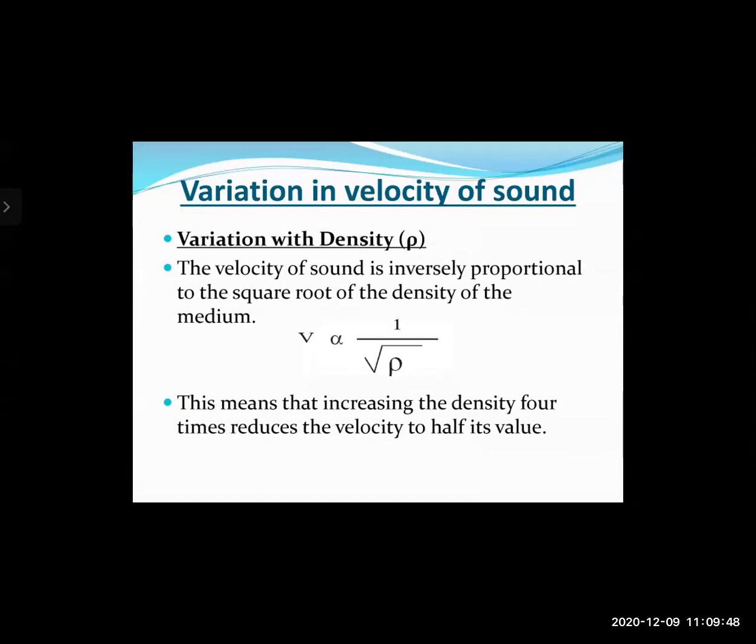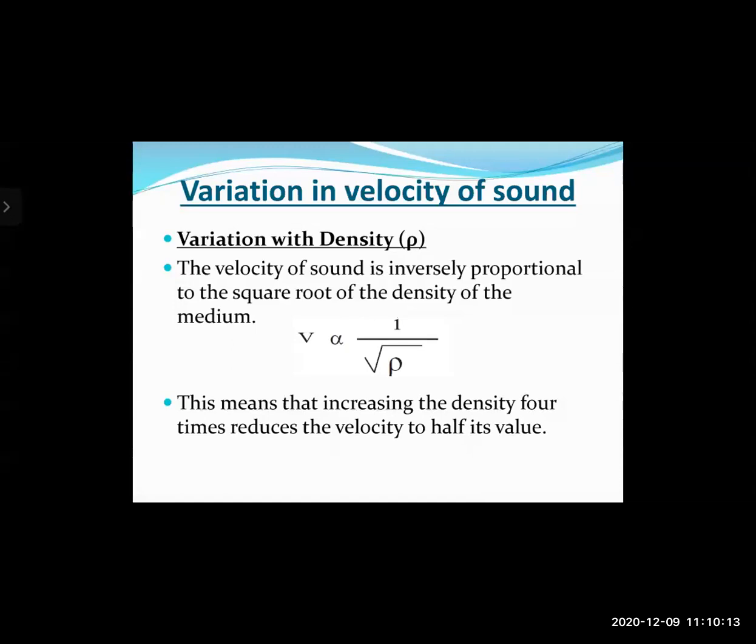Variation with density. What is density? Density is mass per unit volume of the substance. So what is the variation of velocity with density? The velocity of sound is inversely proportional to the square root of the density of the medium. It is similar but in the opposite way to that of temperature.